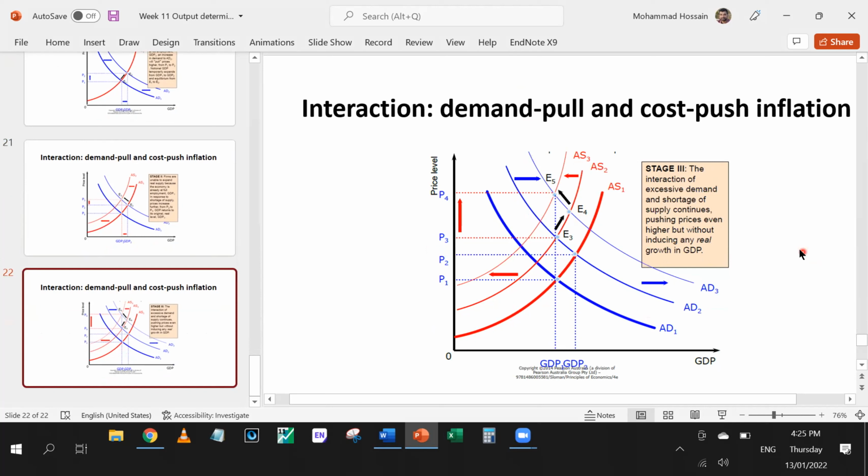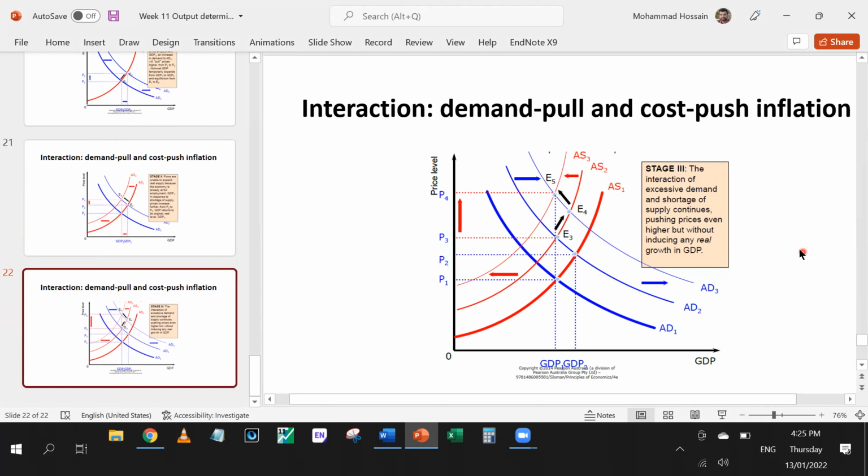Cost push inflation is this: when the price to produce the item is high, the cost of every item is high. As a result, the price will be increasing too, because the production cost is high. When the production cost is high, people actually have to pay more.